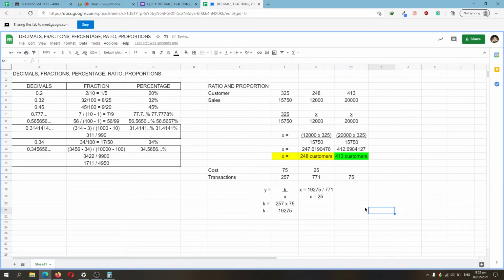So, as you can see, since ito ay bumaba, dapat tataas yung cost natin. So, alam natin na ang constant natin is 19,275. So, x is equal to 19,275 divided by 75. Ayan. So, ano yung magiging sagot natin?